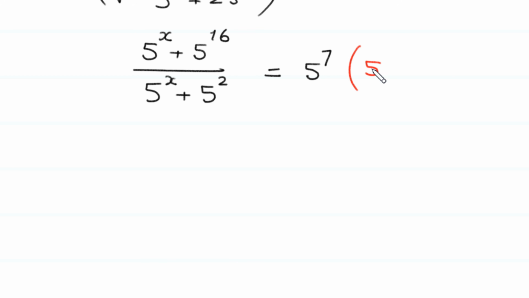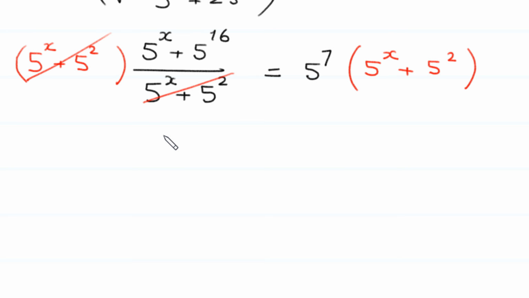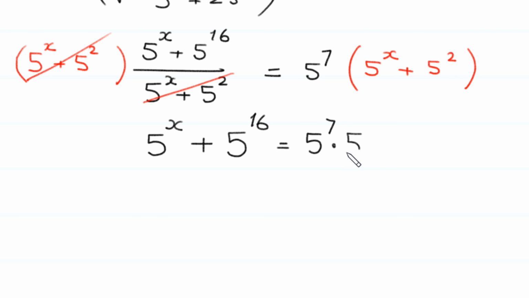On the right side we multiply by 5^x + 5 squared, and on the left side we multiply by 5^x + 5 squared, and this 5^x + 5 squared will be cancelled with this 5^x + 5 squared, and on the left side we are left with 5^x + 5^16 is equal to, and we multiply this 5^7 by this 5^x and by this 5 squared. 5^7 times 5^x + 5^7 times 5 squared.